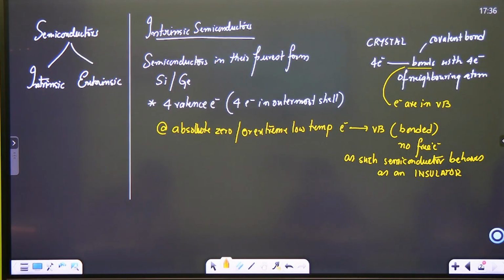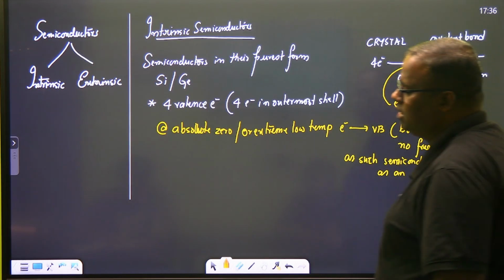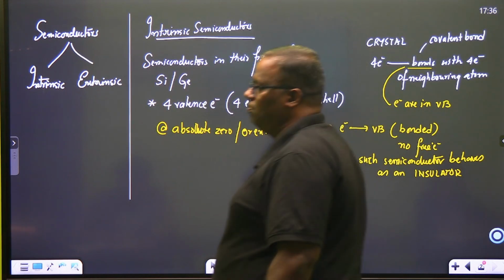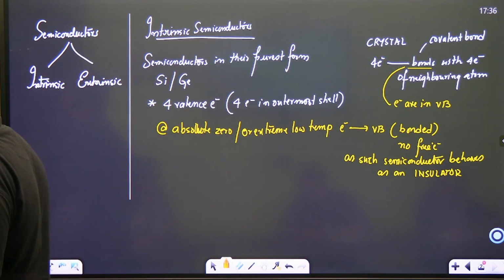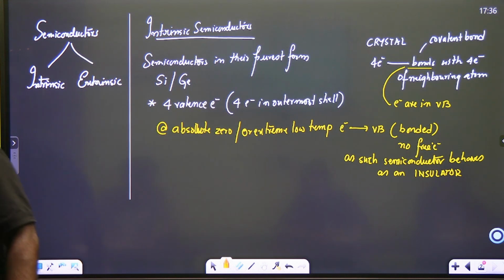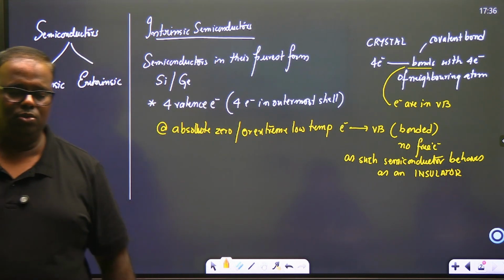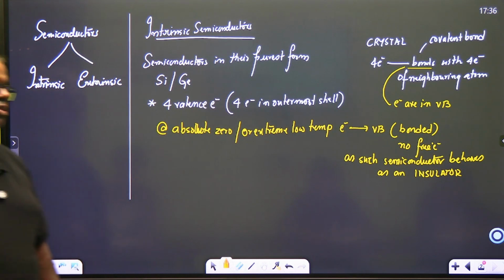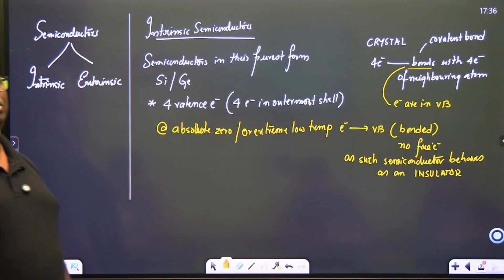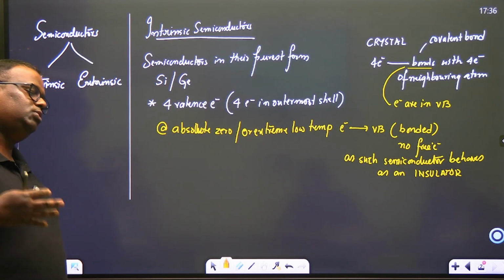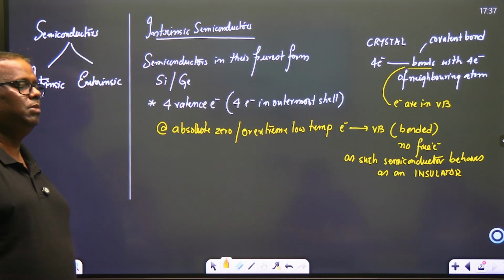What are intrinsic semiconductors? Semiconductors in their purest form, like silicon or germanium. These have 4 electrons in the outermost shell, and at absolute zero these 4 electrons bond with 4 electrons of neighboring atoms, creating covalent bonds. All the electrons are in the valence band, so they are bound to the nucleus and only participate in chemical bonding.